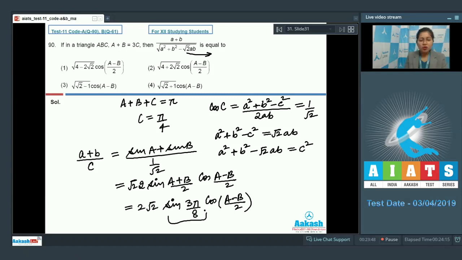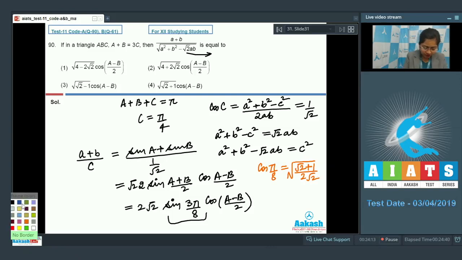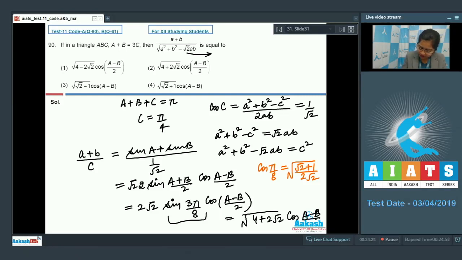Now this is equivalent to cos of pi by 8, and we know that the value of cos pi by 8 is equal to under root of (2 plus 1) upon 2 root 2. Now putting the value here, it will be equal to under root of (4 plus 2 root 2) into cos of (A minus B) by 2. That is, the correct answer is option number 2.